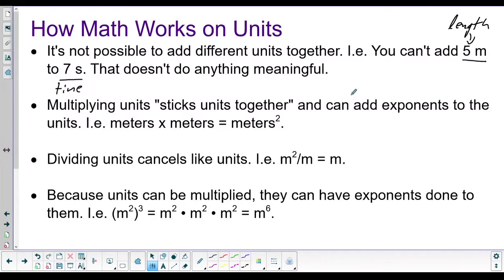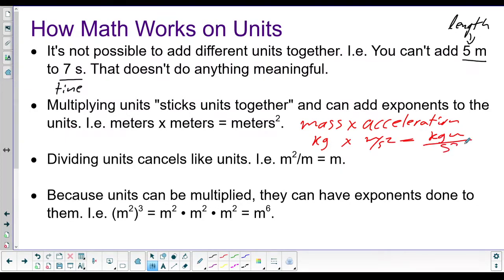If you have a mass times an acceleration, you can multiply kilograms and meters per second squared and get kilogram meters per second squared.